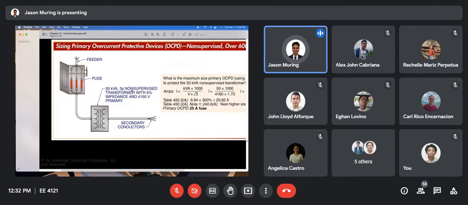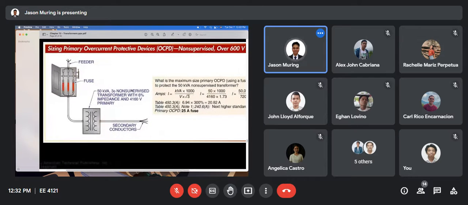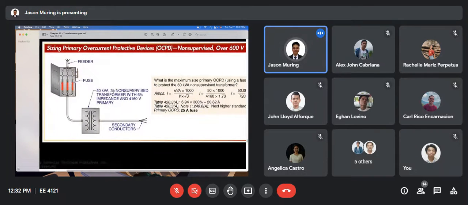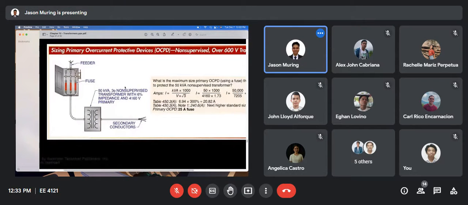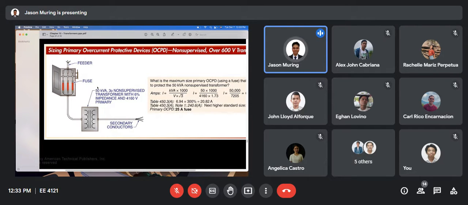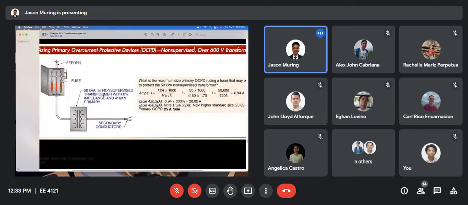So therefore, being mga tag-iya, pwede siya makasulod. So this is for the primary. So if this is a step down transformer, we expect that the current here will be smaller. Okay, so 50 kVA transformer with 6% impedance and 4160 primary.